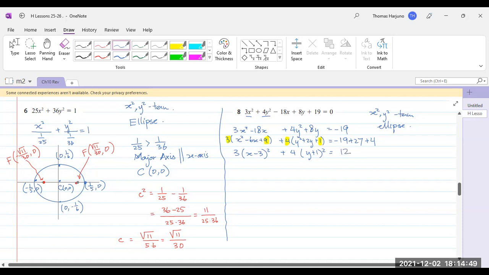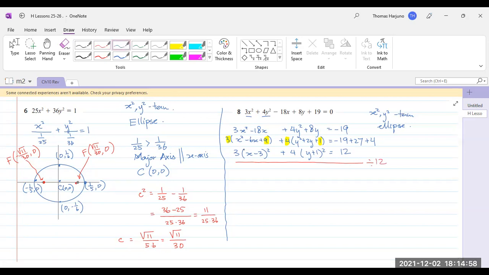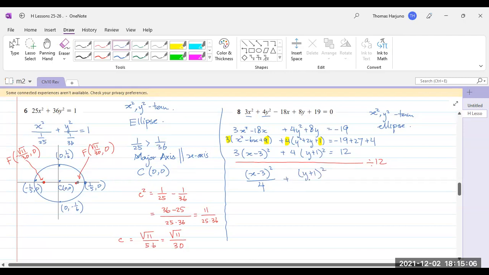And then if we divide by 12, we will get (x minus 3) squared over 4 plus (y plus 1) squared over 3 equals 1. So that's an ellipse. Center is (3, -1).